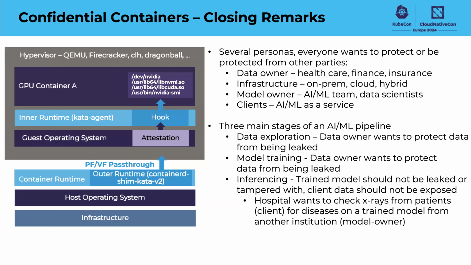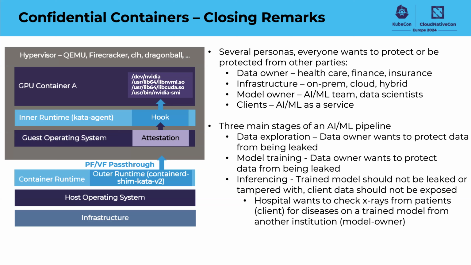Yeah, closing remarks. Upstream, we still have a lot of work to do. What we haven't solved right now is how we do the attestation with several personas. So how do we realize a data clean room? We have multiple personas like the data owner, infrastructure owner, model owner, and clients.